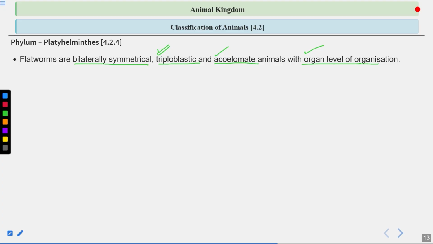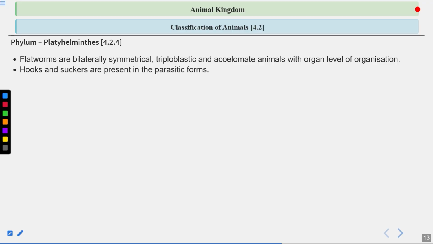But here, first time triploblastic. Acoelomate, no body cavity is reported here. These are very, very important features of this platyhelminth: bilaterally symmetrical, triploblastic, acoelomate, and organ level of organization. You have to remember all these features.